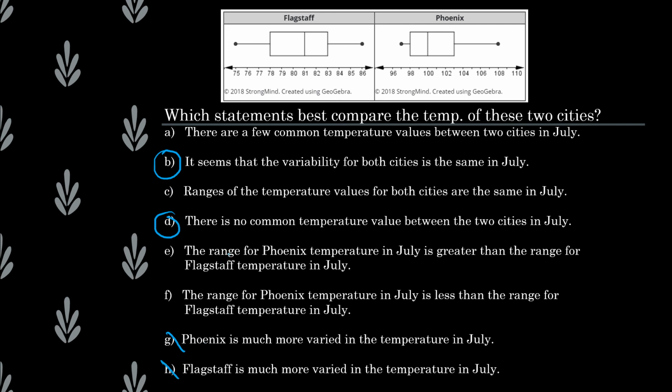Let's see, so it looks like we have to choose one about the range. The ranges of the temperature for both cities are the same. Okay, well let's see. So range would be 86 minus 75, which is 11. And this would be 108 minus 97, which is also 11. So there we go. So the variability would be the same, the ranges would be the same, and there are no temperatures in common.